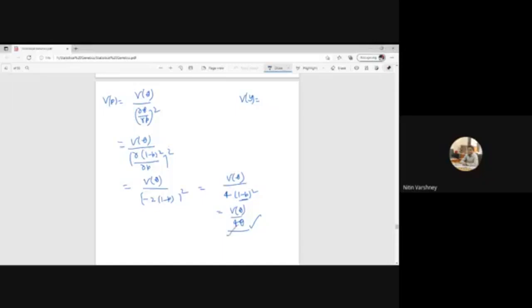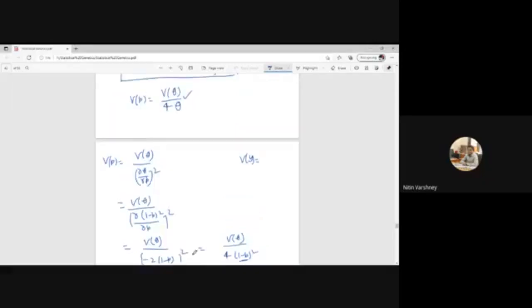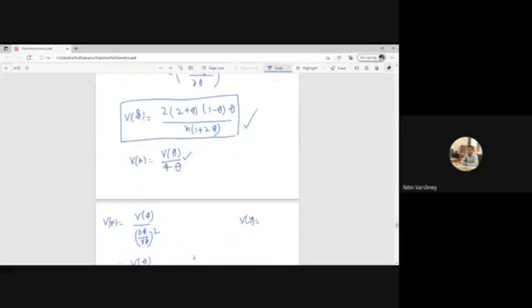So variance of p is equal to variance of theta by 4 theta. Variance of theta here is (2 plus theta)(1 minus theta) theta upon n(1 plus 2 theta), and divided by 4 theta. So theta will cancel out, and this will cancel out by 2.